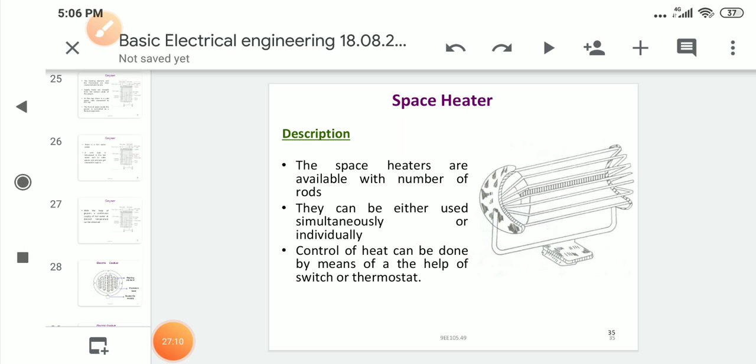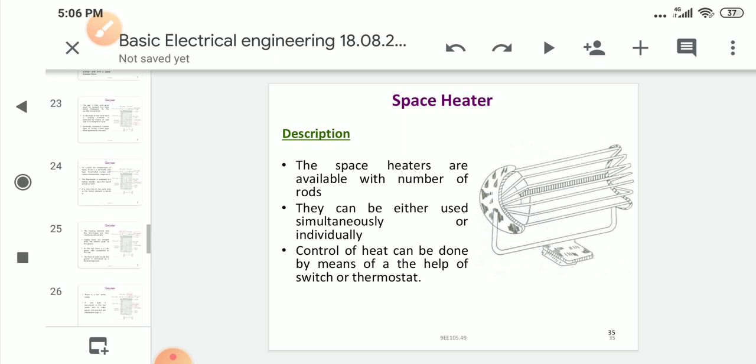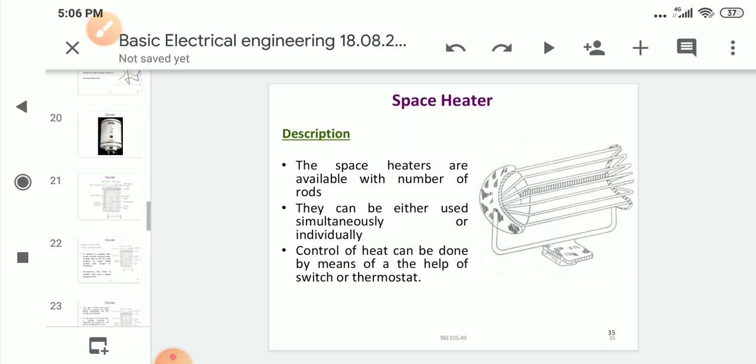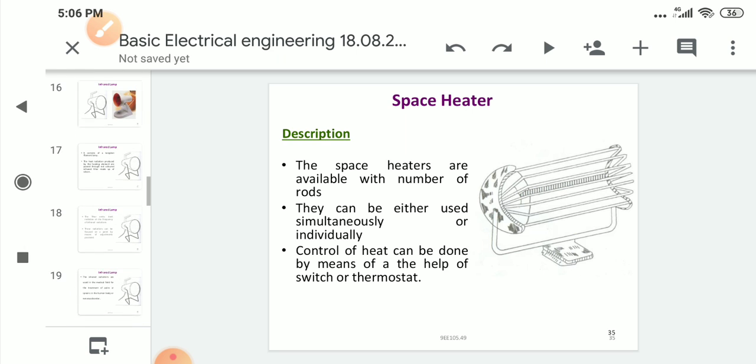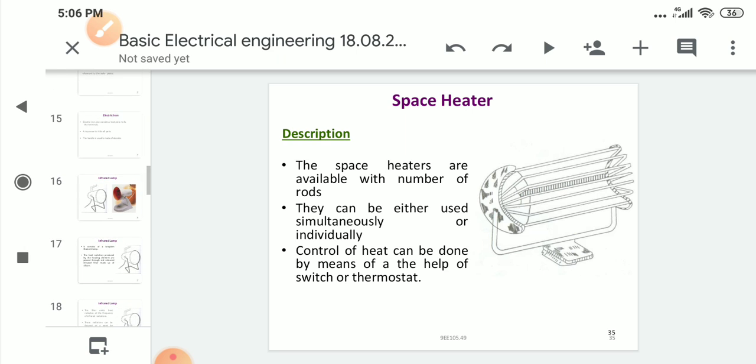So we have learned about the geyser, the electrical cooker and the space heater. And the last application is what? Infrared lamp.